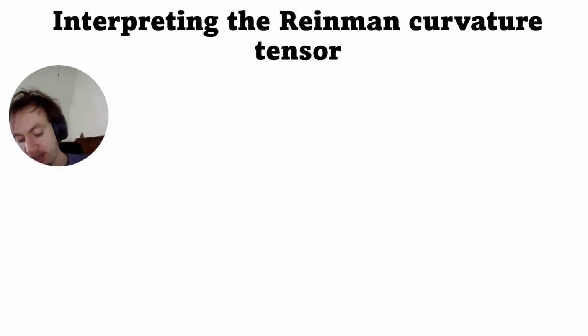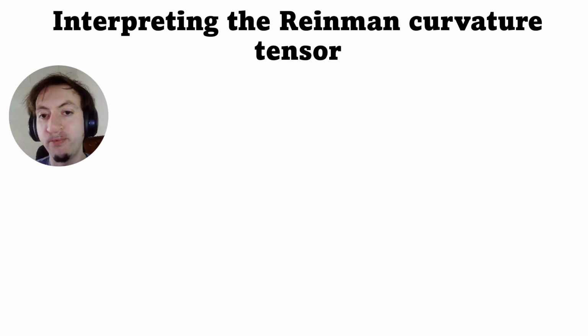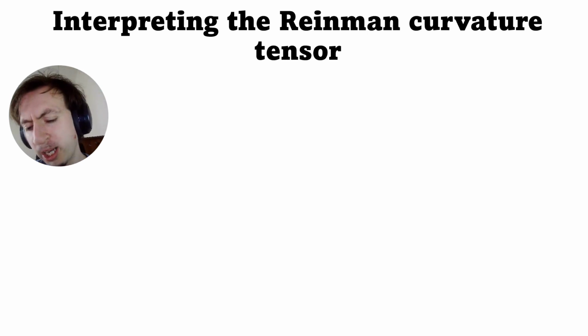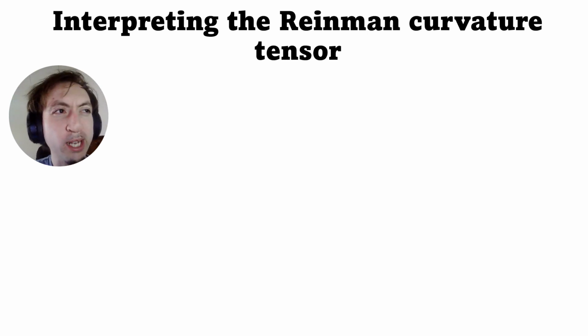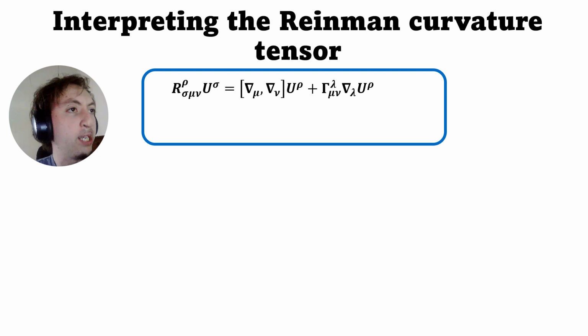But I think it is helpful breaking down the Riemann curvature tensor a little bit, even if when one breaks it down, it becomes slightly like, is that the only way to think about curvature? And there are probably other ways. But anyway, if we want to break down the Riemann curvature tensor, we rearrange the equation we had before to make our Riemann curvature tensor the subject of our equation.